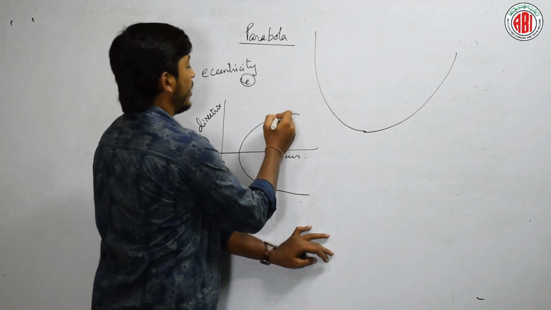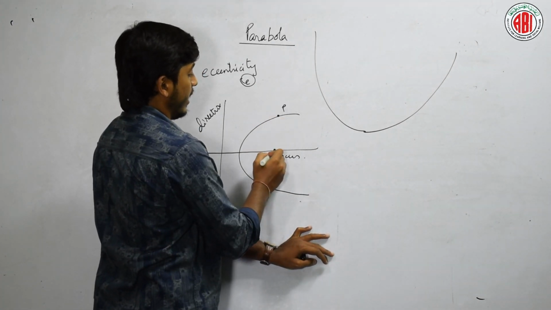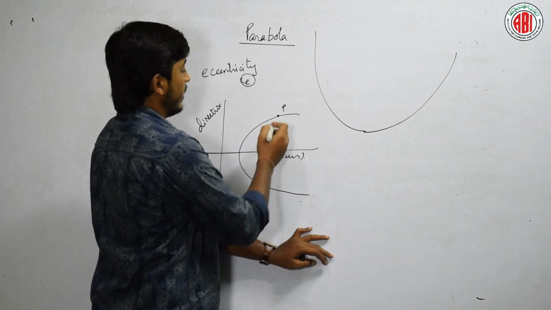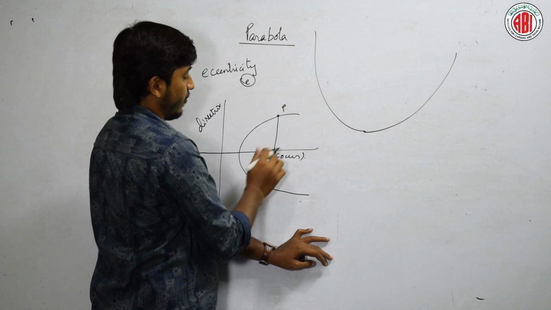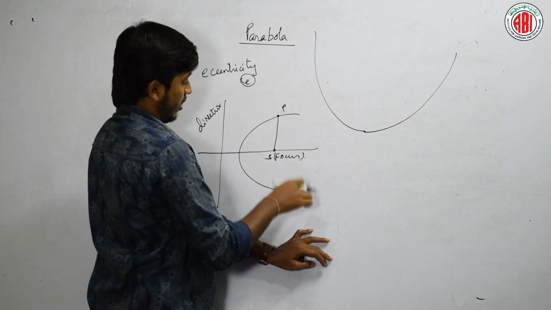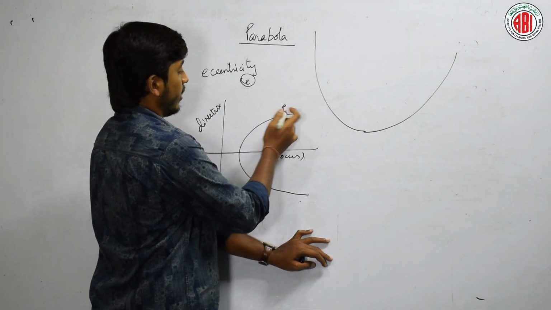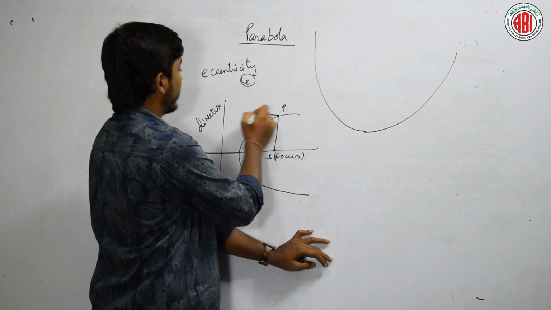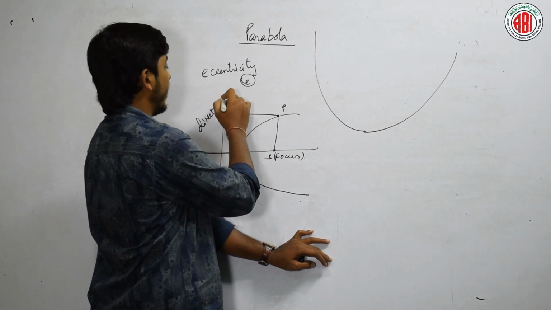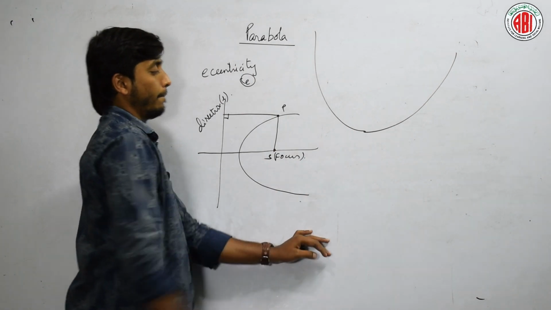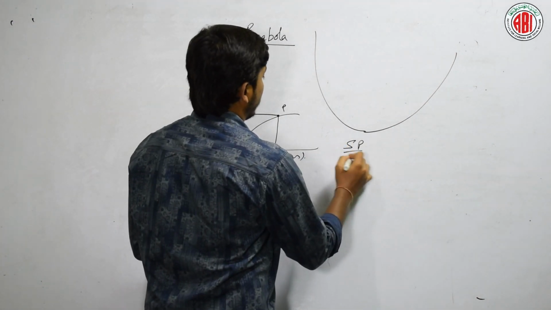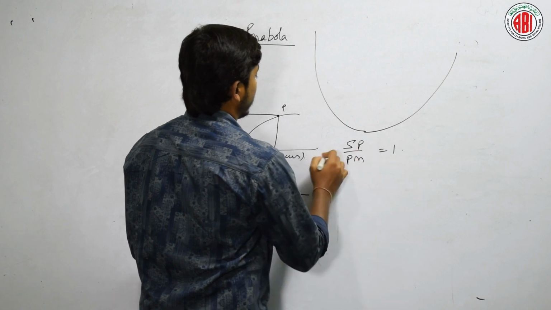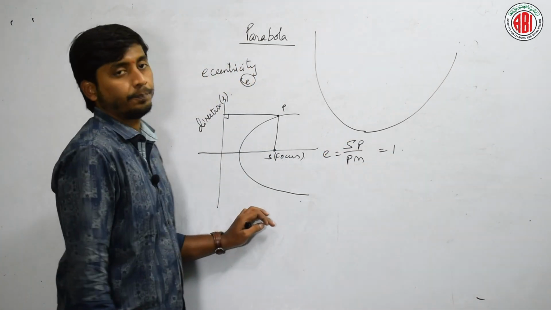Then for any point P and focus S, the ratio of SP, the distance between the focus and any point of the curve, and the perpendicular distance from this point to the directrix, let us say PM, that is the ratio SP to PM, should always be equal to 1. This is nothing but our eccentricity.